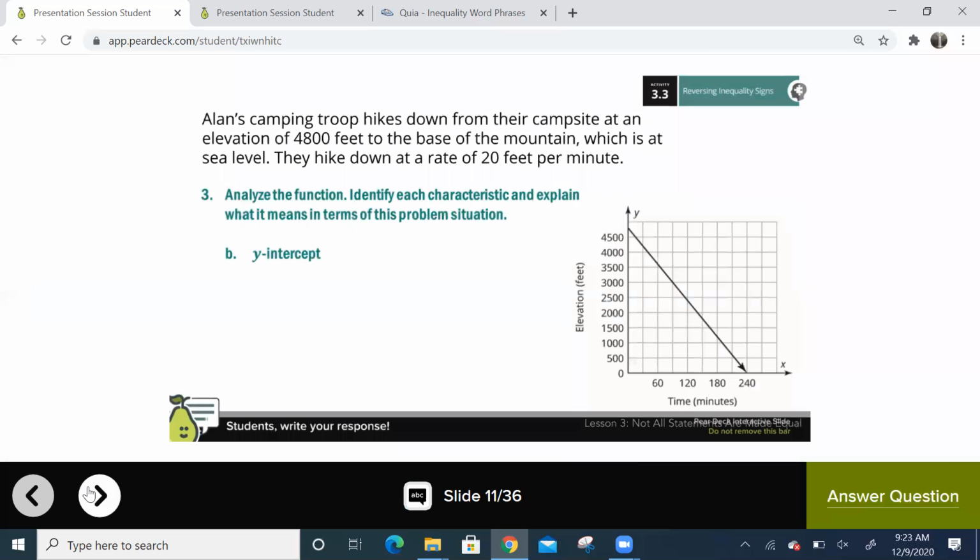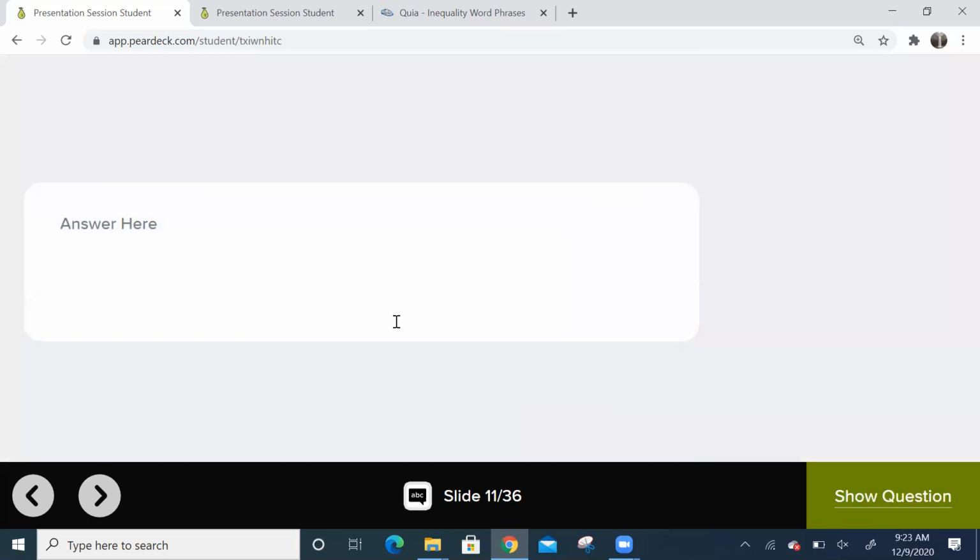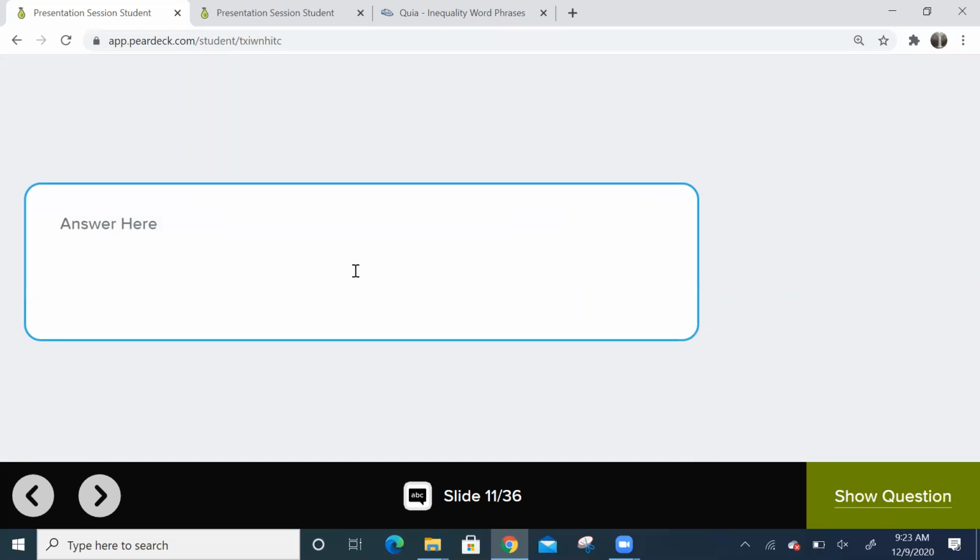How about the y-intercept? The y-intercept is way up here, and that is the 4,800 feet. What does that represent?